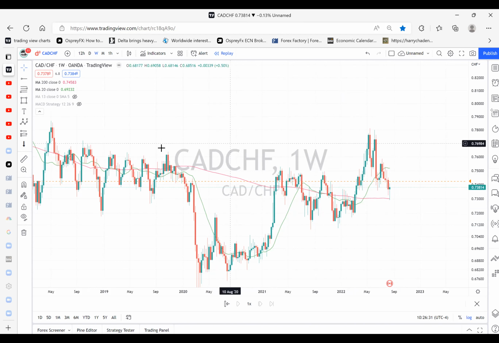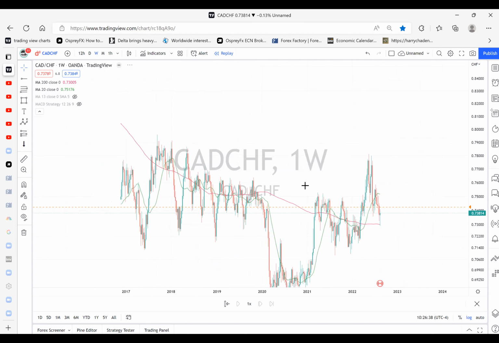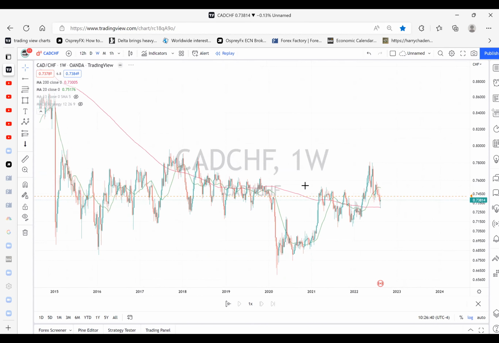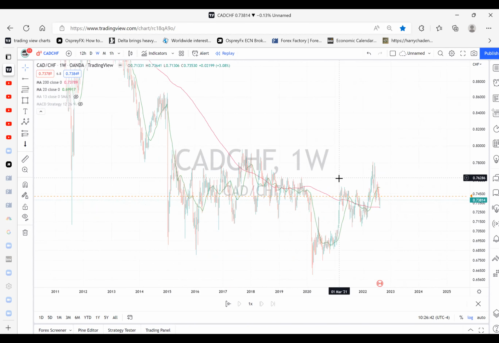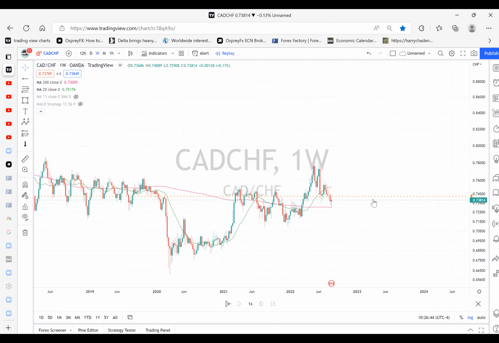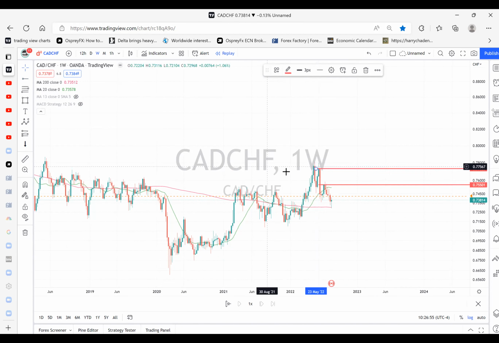The last thing you need is where you can take the trade to, right? So if I squeeze the chart, the first place I can take this trade to is these highs. Then I can take the trade to this next high.